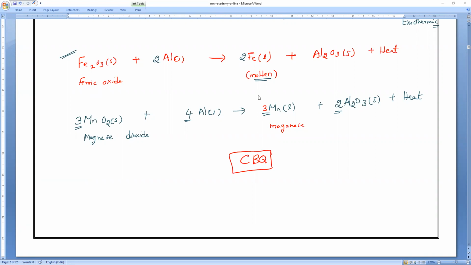Mr. Rohit noticed that when he is performing the chemical reaction, or you can write reduction reaction, when he is performing the reduction reaction, he has noticed that a molten metal is coming as one of the products.